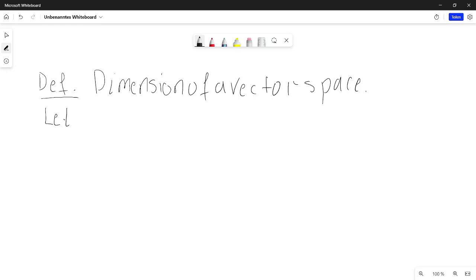Let V be a k-vector space, and its dimension is kind of a minimal number of, in some sense, independently representing vectors that we need to represent all the vectors in our space in some natural way, right? To represent all vectors with exactly that minimal number of vectors.